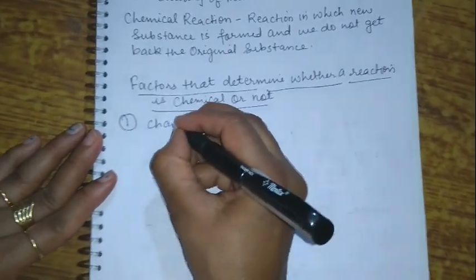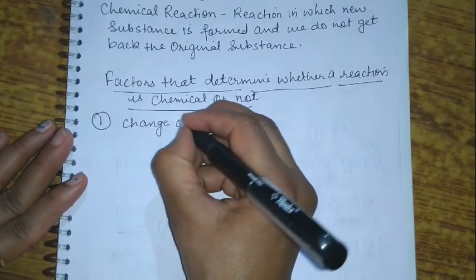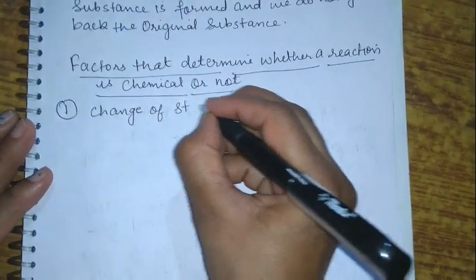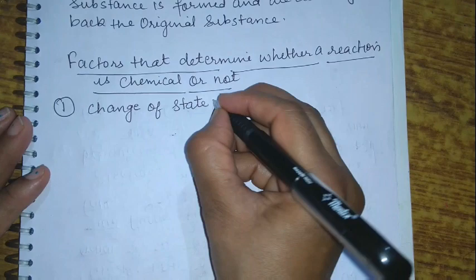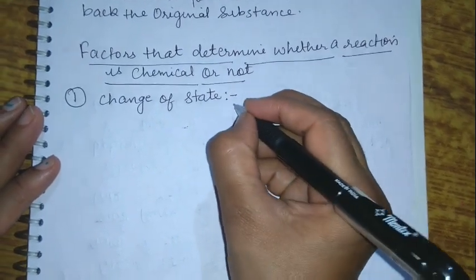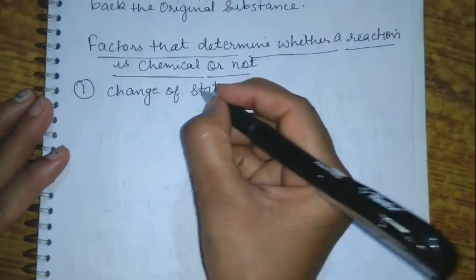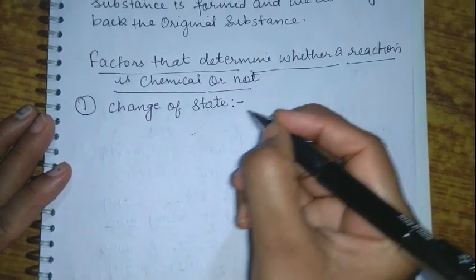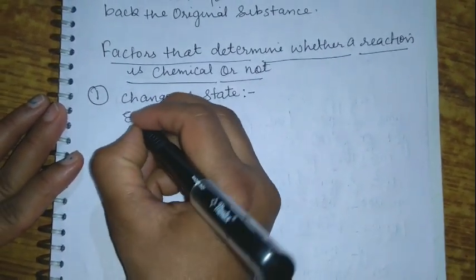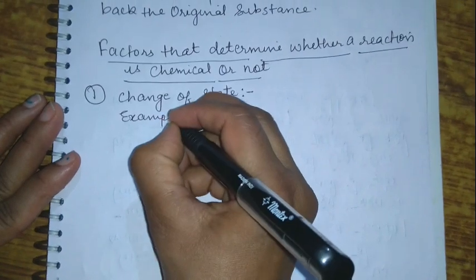चेंज ऑफ स्टेट. चेंज ऑफ स्टेट से आपका क्या मतलब है? चेंज ऑफ स्टेट से मतलब सॉलिड टू लिक्विड, लिक्विड टू गैस एंड वाइस वर्सा. सो फॉर एग्जाम्पल, आप एक एग्जाम्पल ले लो.